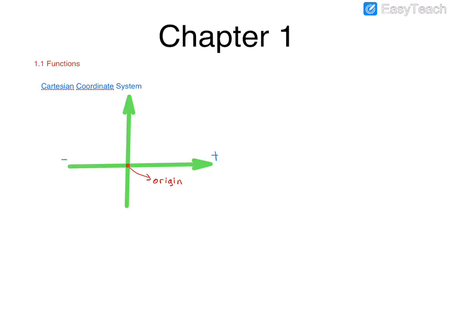Then the left side is the negative direction. And similarly, the upside is the usual choice for the positive direction for the vertical axis.